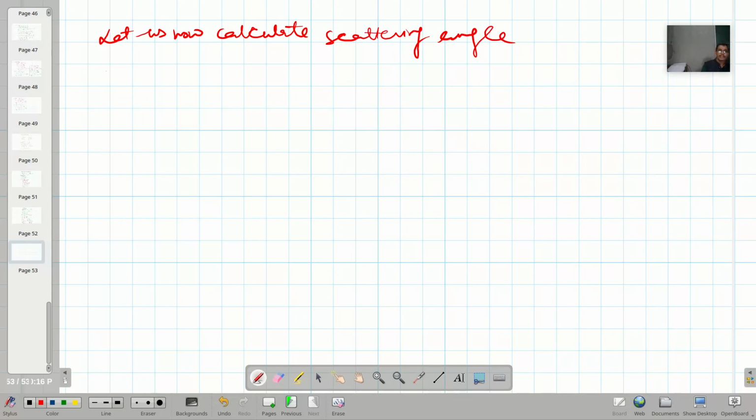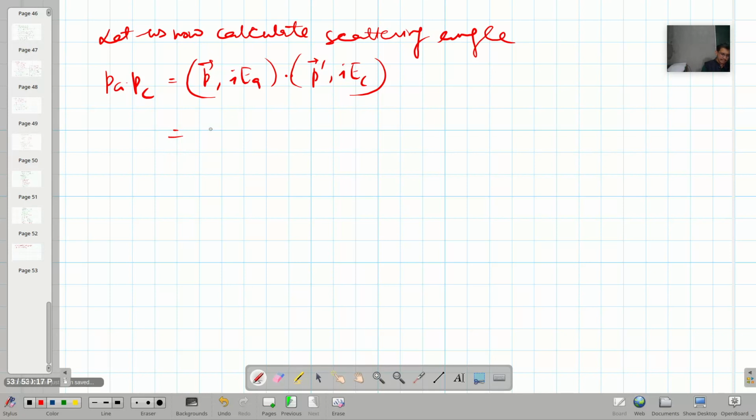As we know, PA dot PC, because it is the angle between A and C, can be written as P vector iota EA dot P prime iota EC, and it is P dot P prime plus iota square EA into EC.